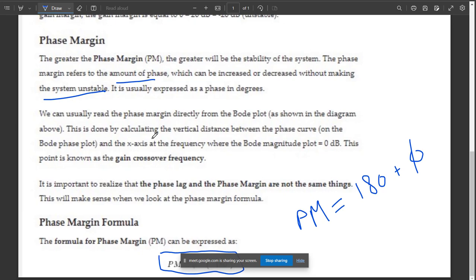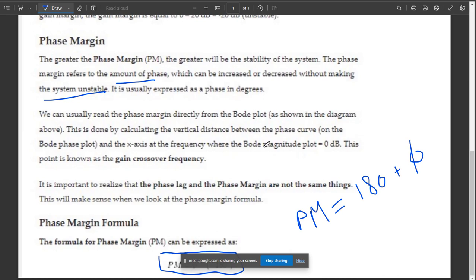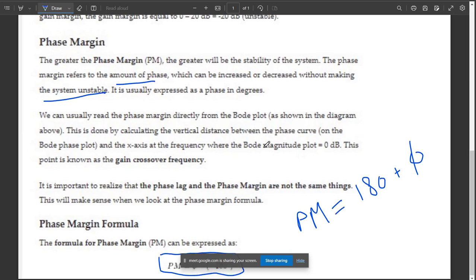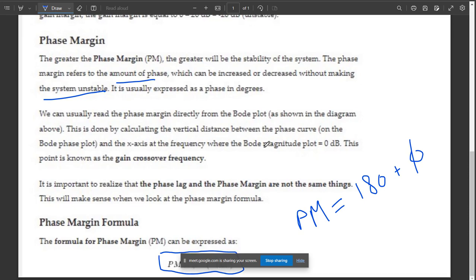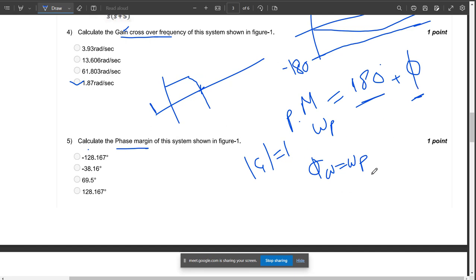Here it is written that the greater the phase margin, the greater will be the stability. Generally the phase of the system is negative, right? If the phase of the system is small, then the phase margin will be greater.